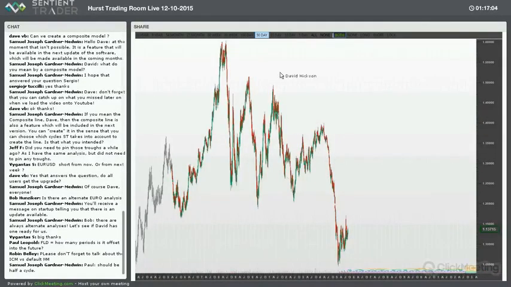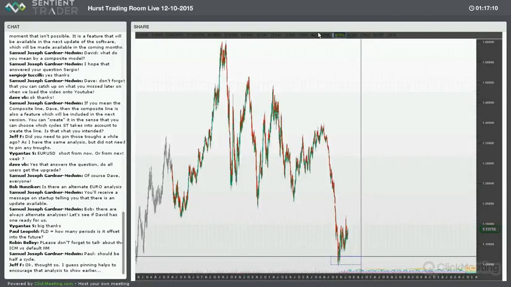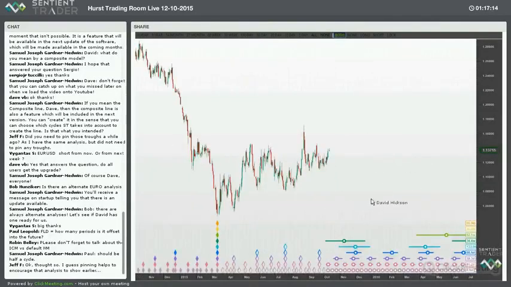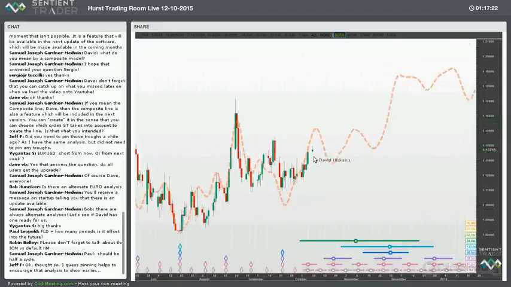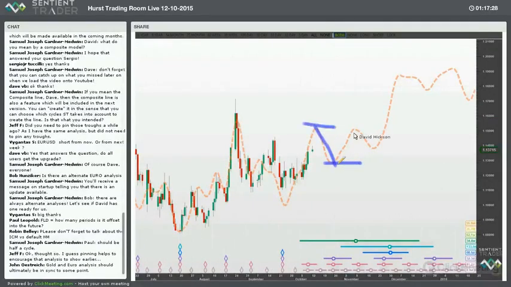And this analysis applies a different nominal model, so it is a different analysis. And here is the result of the composite model line according to that analysis. The important thing here is that we do still have a short trade happening now.